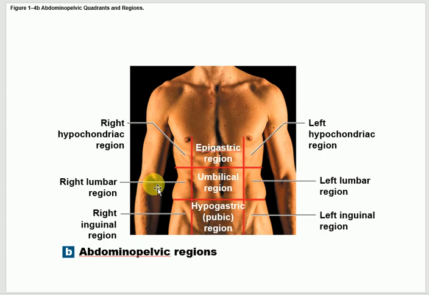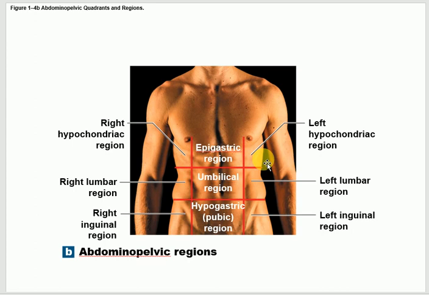So here, this is right hypochondriac, and then epigastric, and then left hypochondriac. What does that mean? Everything here has a meaning. And again, collect these prefixes and suffixes. Hypo, lower. Chondriac, ribs. Hypochondriac, the lower part of the ribs. Makes sense now, right?